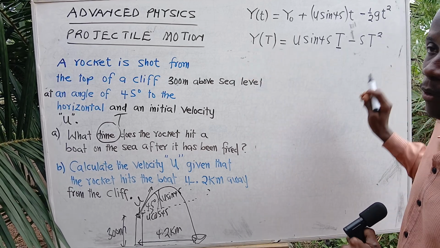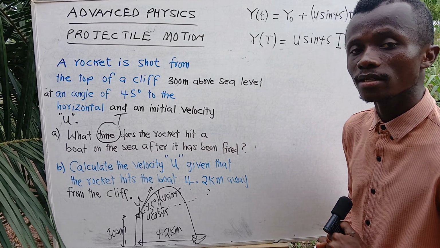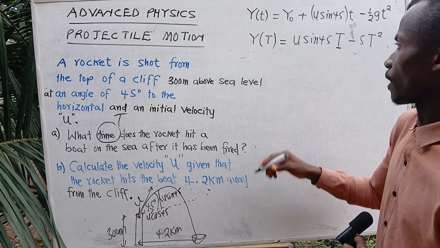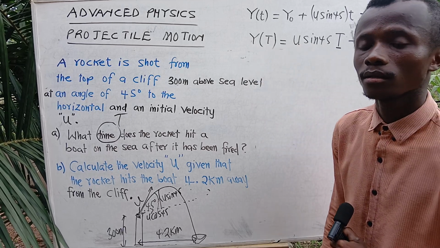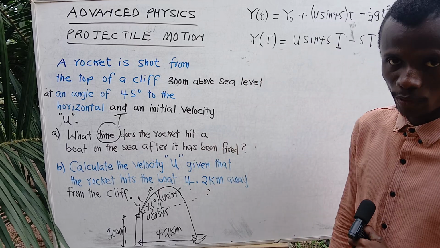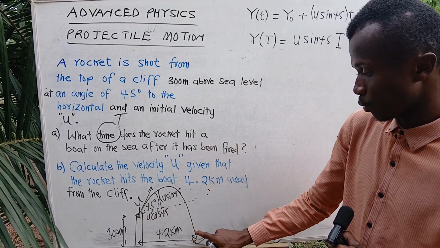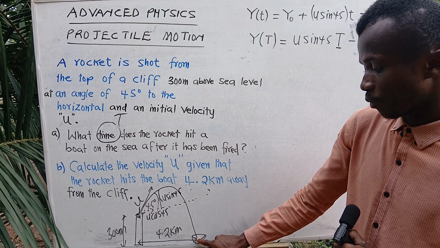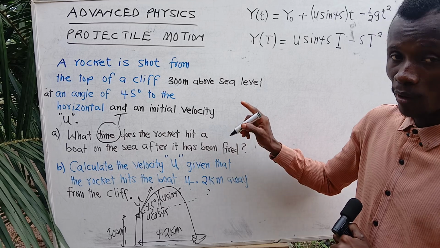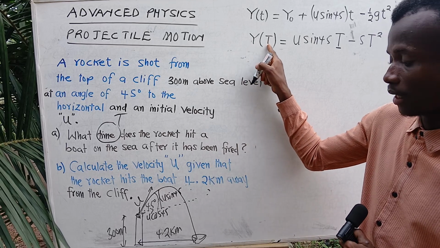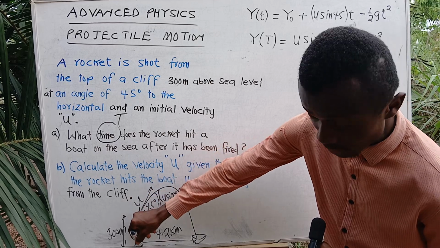But then given one equation, there are 3 unknowns. And one equation will not suffice in getting the time of flight. We don't know y of T, we don't know u, we don't know capital T. Or maybe we know y of capital T. Yes, we do. We do because when the rocket hits the boat on the sea level, what is the final vertical distance? In other words, what is the vertical distance at the time of flight? It is reckoned from the 0 downwards.